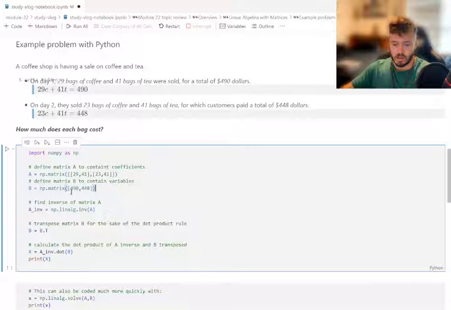And then, of course, we have our constants, I guess you would call them. The $490 from day 1, $448 from day 2. And each one of these sets of brackets is a row. We have a 2x2 matrix here so that we're satisfying that columns and rows thing.